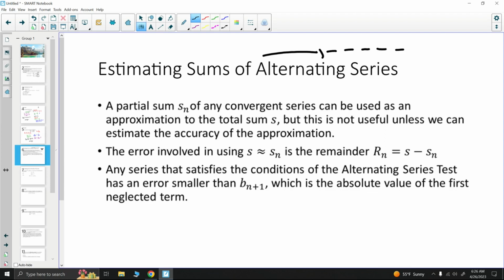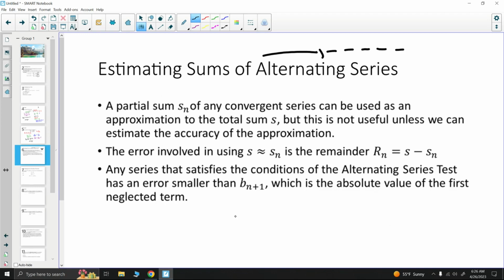Now, any series that satisfies the conditions of the alternating series test, the thing we just got done doing, has an error that is smaller than b sub n plus 1, which is the absolute value of our first neglected term.